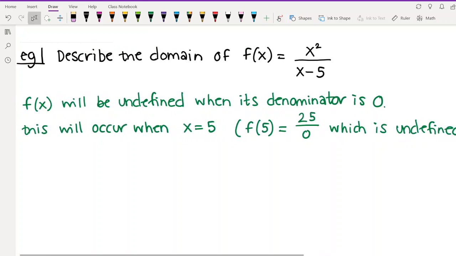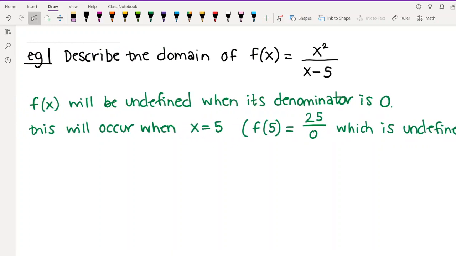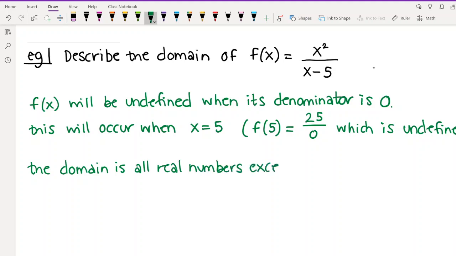And so what does that tell us about the domain? Remember, the domain is supposed to be all the numbers that you can plug into this function. The only number that's going to give us an issue here is 5, because when we plug in 5, that's what will make the denominator 0. So therefore, the domain is all real numbers except for 5.